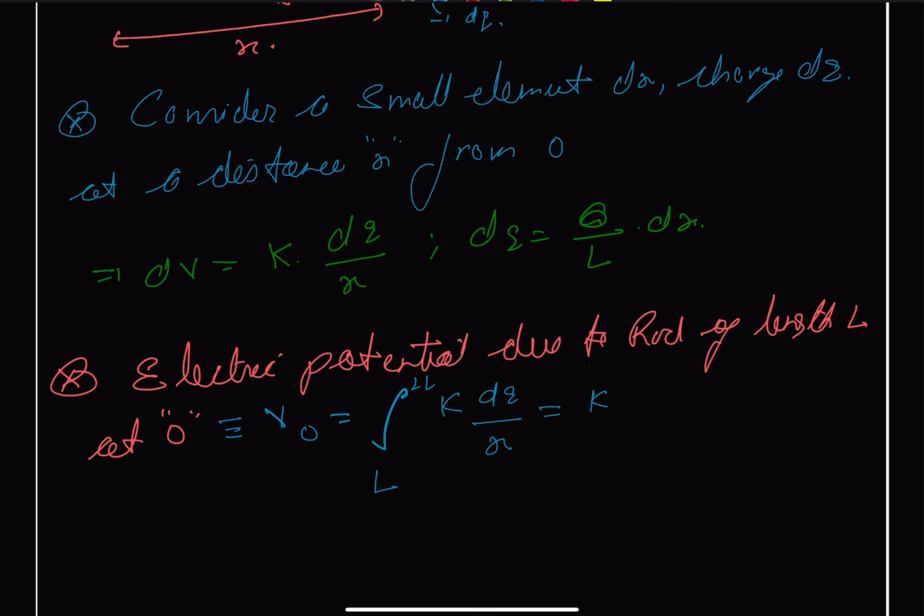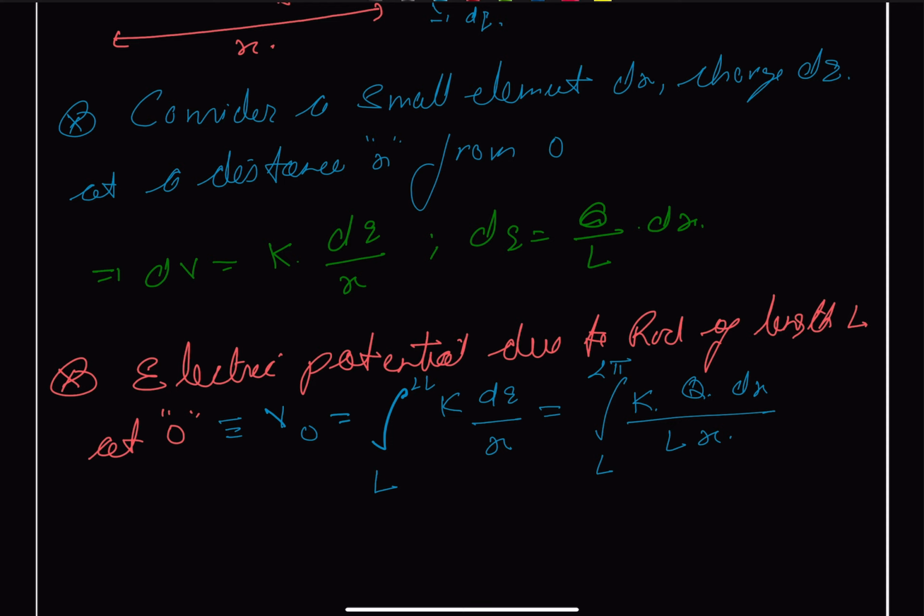Let us keep k inside still, and we can write this as integration from L to 2L of k, and dq is Q into dx divided by L multiplied by x.